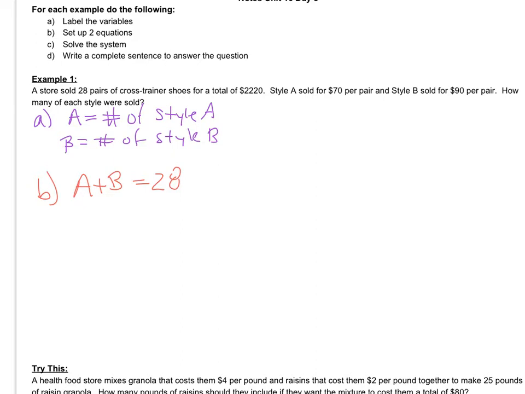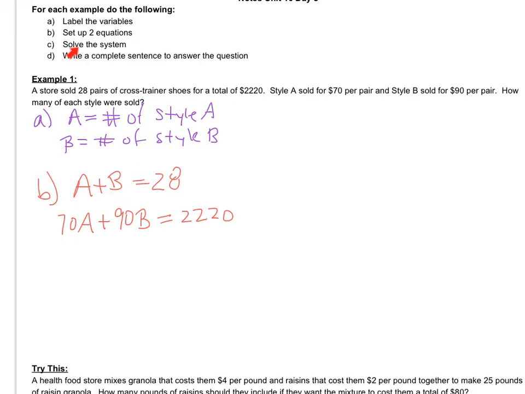Then if style A sold for $70 and B for $90, and the total price was $2,220, we can set up the equation that we take $70 for every pair of A, plus $90 for every pair of B, and that has to total $2,220.